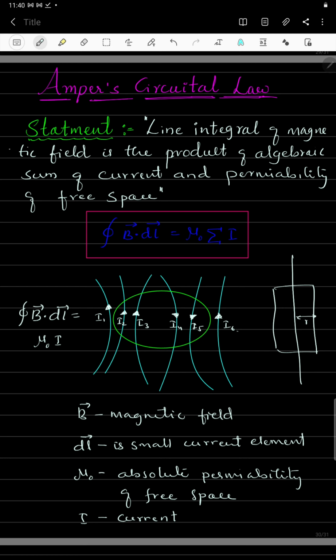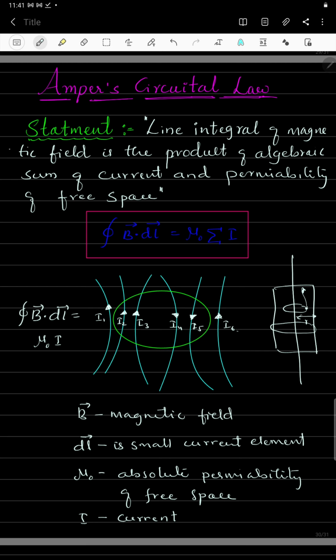If this is the radius r, the magnetic field at this point is different, and the current flowing through this one is also different. That's why we are taking the summation of I. If you calculate for the complete conductor how much current is flowing through it, that gives the summation, otherwise the algebraic sum of current.